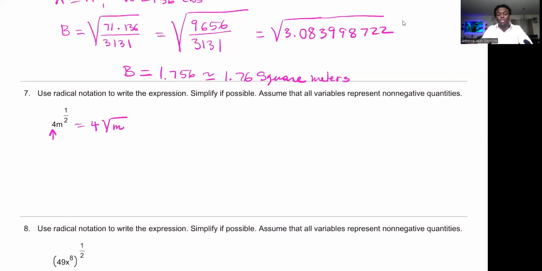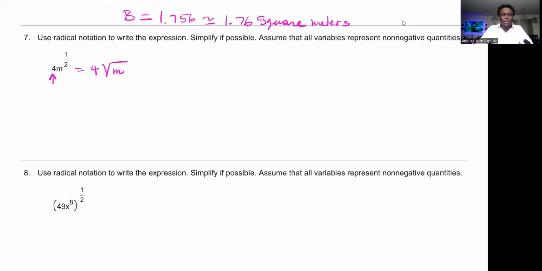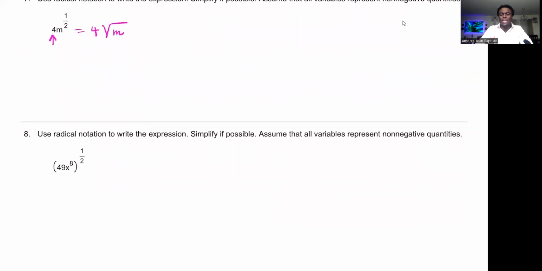And one exponent, you don't even have to write it. So 4m to the 1/2 power is equivalent to 4 square root of m. So if you understood the last one, this one should be easy. If you want to stop the video to try and see what I do after, that would be the best strategy. But let's go over it.